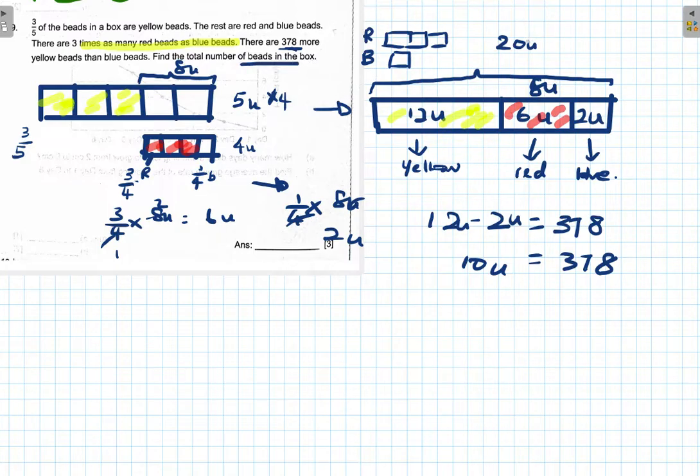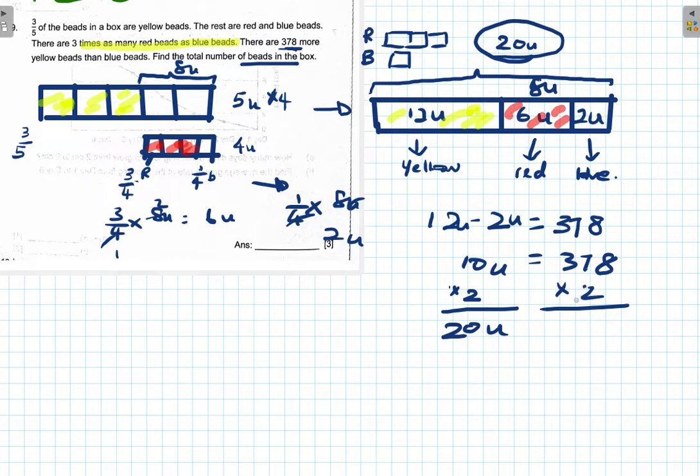What's the total number of beads? The total number of beads is 20 unit. If I know that 10 unit, right, is 378, so 20 unit is actually 10 times 2, right? Times 2 here. Then you give me 20 units. And then here times 2 will actually give me 756 beads. So in total, the total number of beads is 756 in the box.